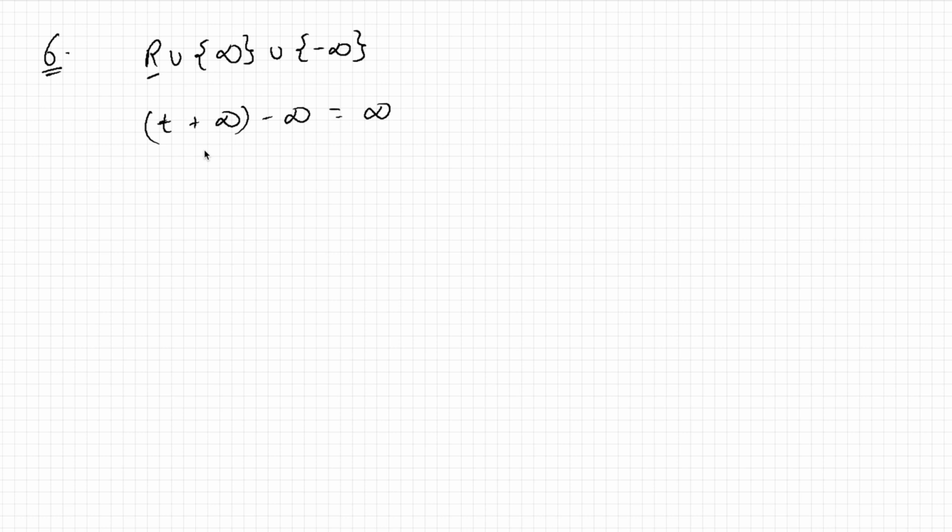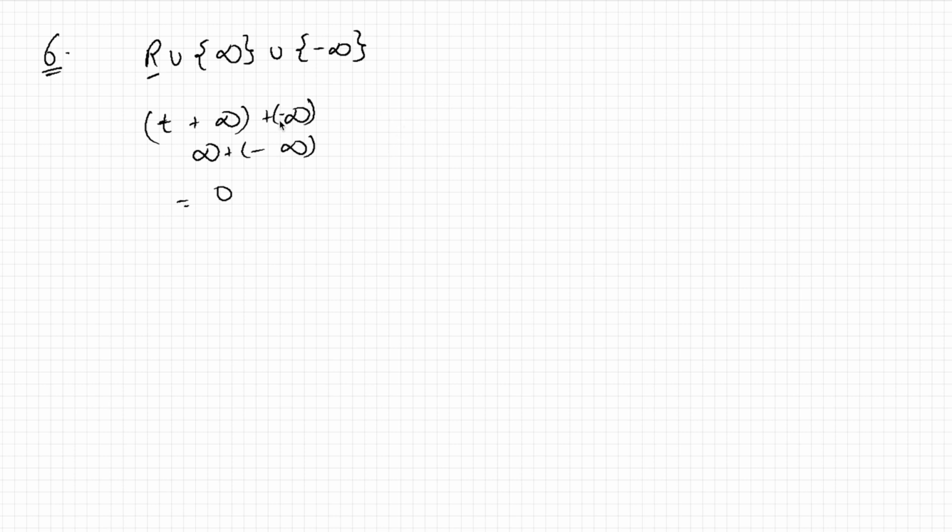Then we would have infinity plus minus infinity. Infinity plus minus infinity is an object, so we'll treat it like that only. So infinity plus minus infinity would be 0.